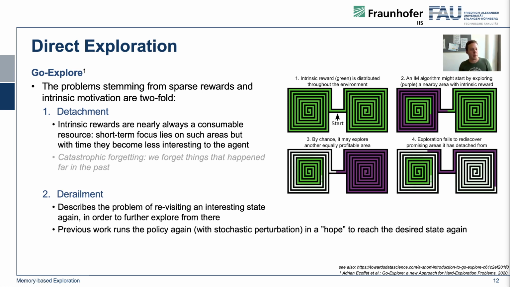So the problem is, in order to actually reach such states where we can go on exploring those highly novel states where we get more intrinsic reward, this is how previous work did it. They just run the policy again with some stochastic perturbation in the hope of reaching the desired state again. However, as you might expect, with a naive perturbation in a complex environment this is really unlikely.